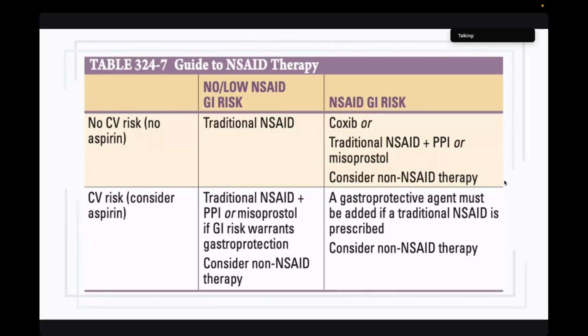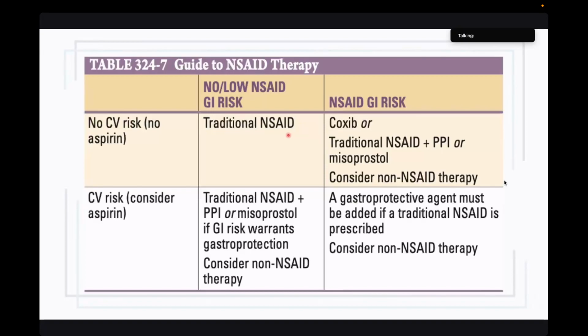And for this reason, we also consider not just the gastrointestinal risk in choosing the NSAIDs, but also the cardiovascular risk of the patients. So if there is no cardiovascular risk and there's no GI risk, then traditional NSAIDs can be used.